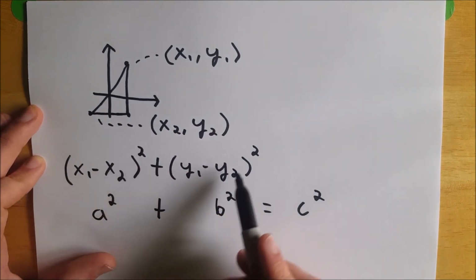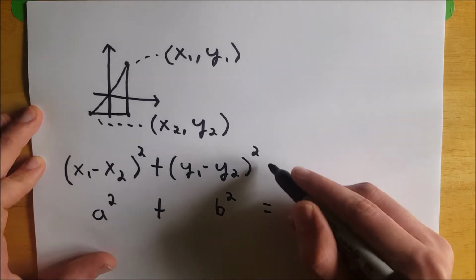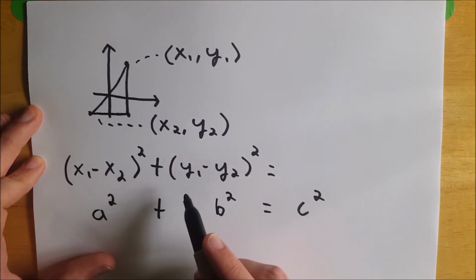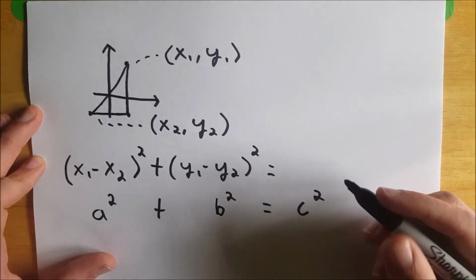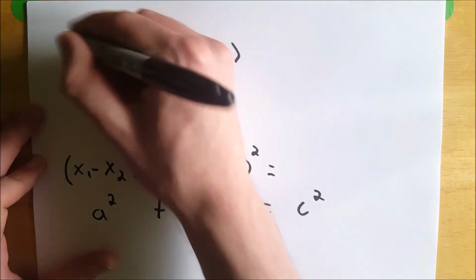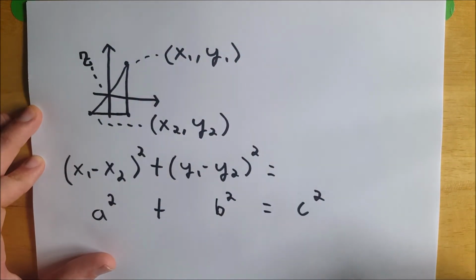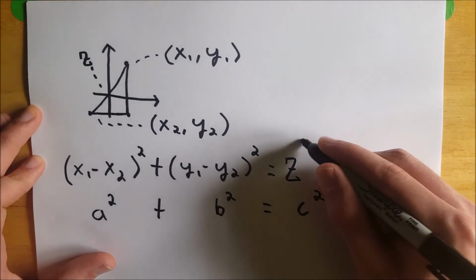So these are the squares of the lengths of the 2 legs of our right triangle. And by the Pythagorean theorem, we know that the sum of these 2 quantities is equal to the square of the length of this hypotenuse, and let's call it z. So z is the length of the hypotenuse. So we know that this is equal to z squared.